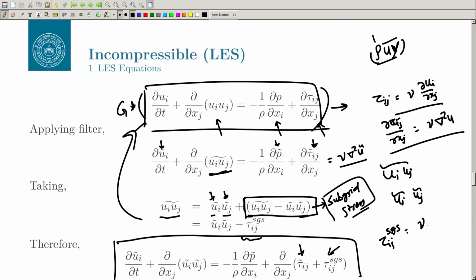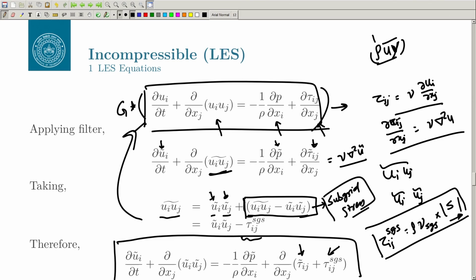This can be written as nu SGS multiplied by some kind of velocity gradient field, like we have done for the RANS. Maybe there will be rho here. So, this we are going to discuss in the next class.